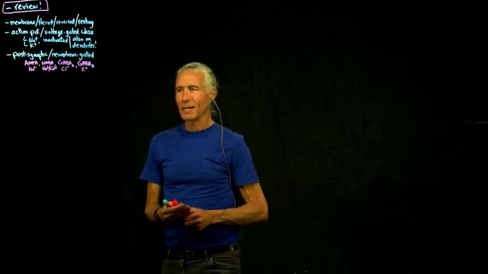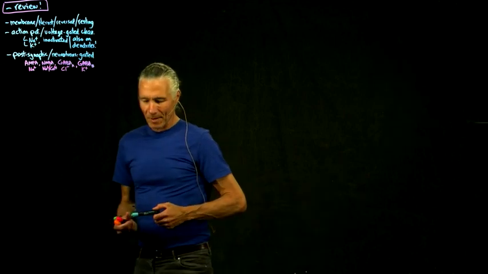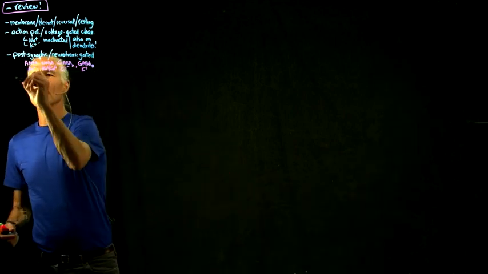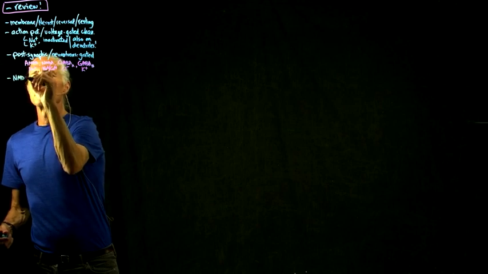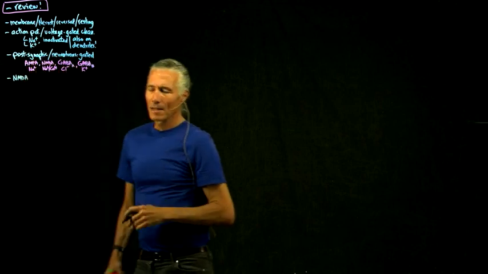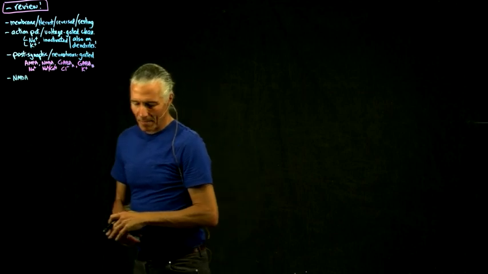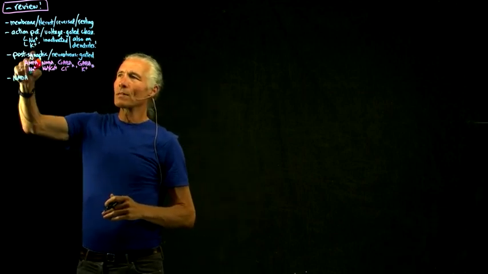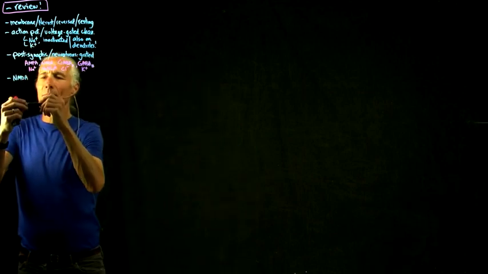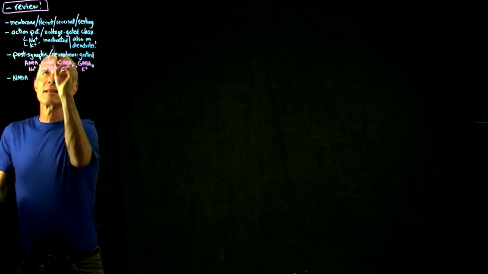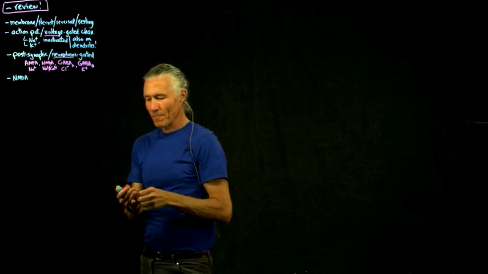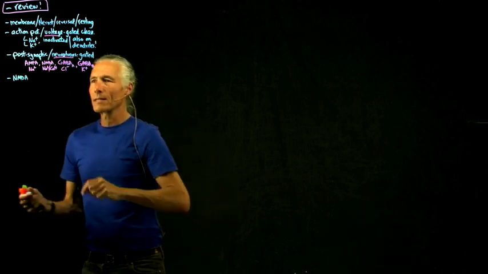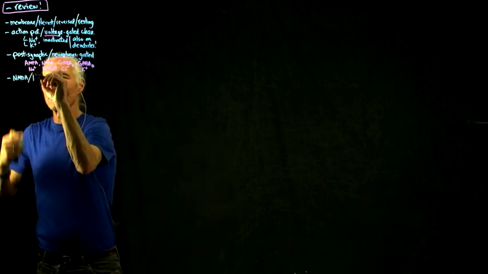And then we talked about the special property of the NMDA channel. The NMDA channel has this property that it's both voltage gated and neurotransmitter gated at the same time. And so that allows you to get something like Hebbian learning.